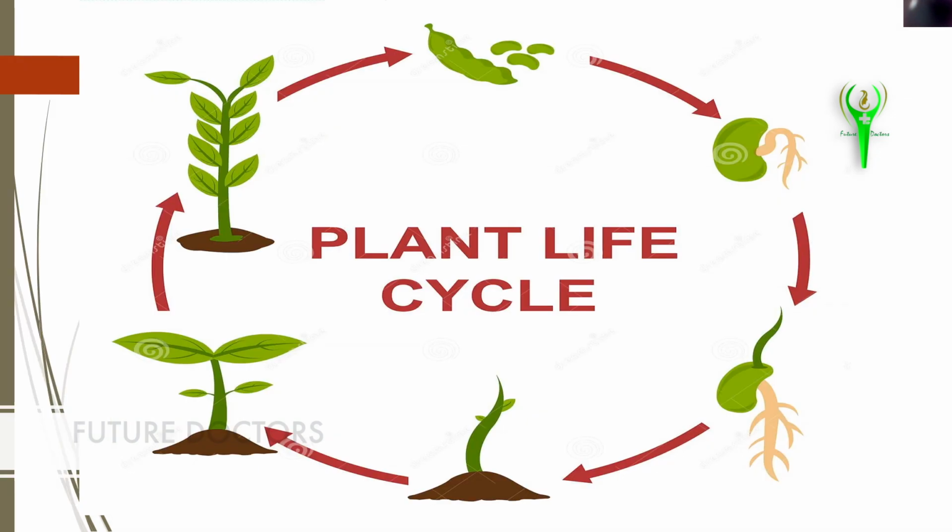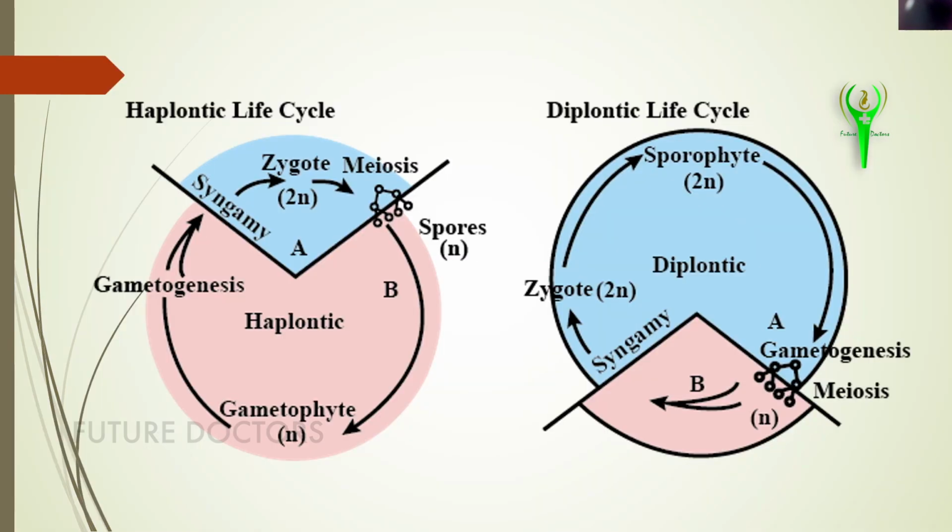Plant life cycle. Different plant groups and individuals have different features in their life cycle. The first is the haplontic life cycle. The dominant photosynthetic phase is a gametophyte produced by haploid spores. The gametophyte produces gametes by mitosis. The gametes fuse and produce a diploid zygote that represents the sporophytic generation.